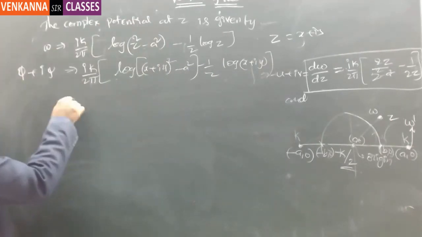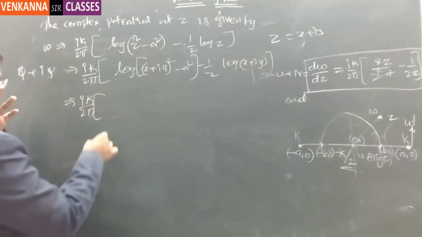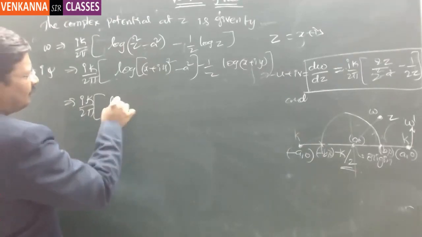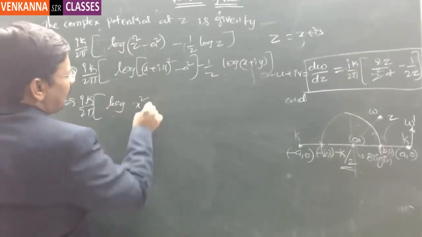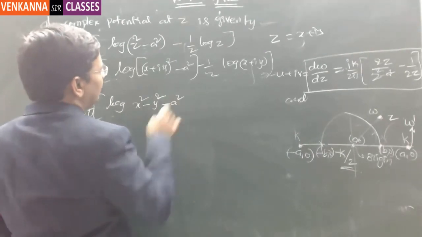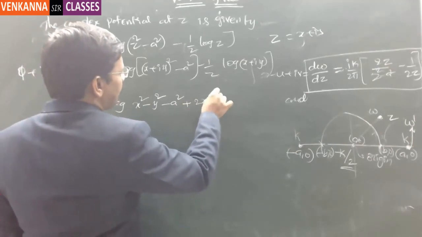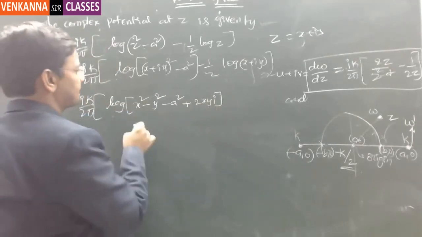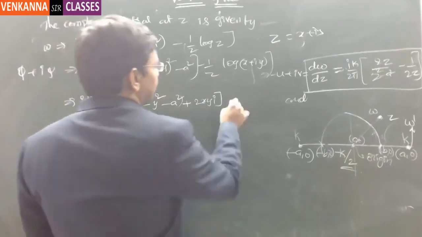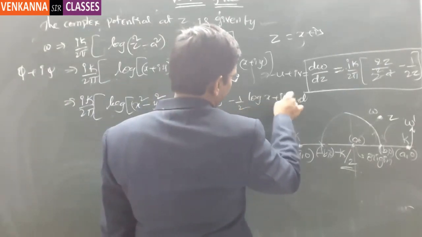And this is ik by 2 pi log of x square minus y square minus a square plus 2xy into i, minus 1 by 2 log x plus iy.